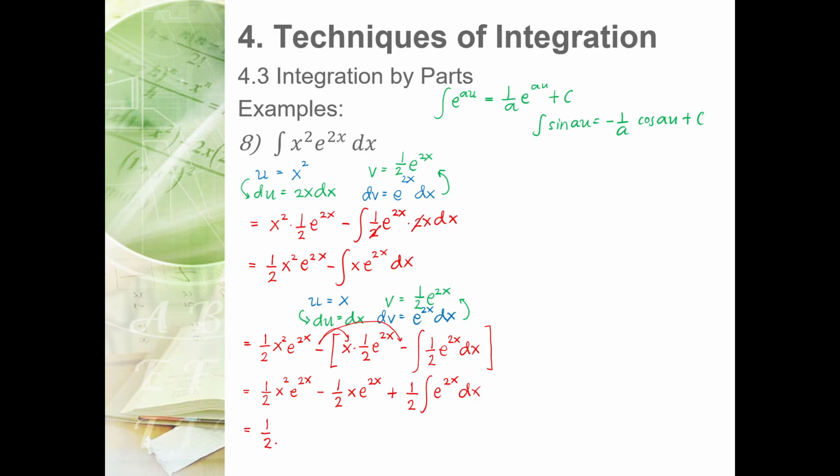So the final answer is 1/2 x squared e raised to the power of 2x minus 1/2 x e raised to the power of 2x plus, so the integral for this one is 1/2 e to the power of 2x times 1/2, so that will be 1/4 e raised to the power of 2x plus c. So this is the final answer.